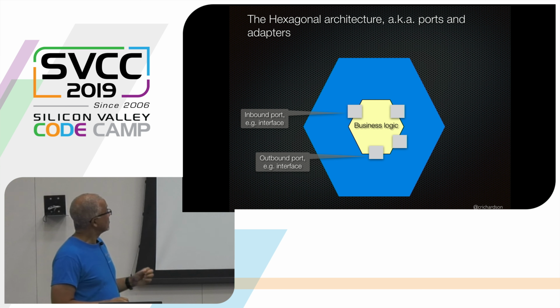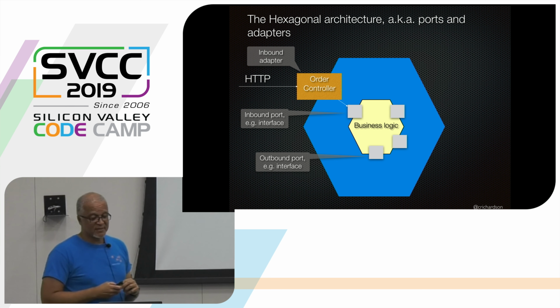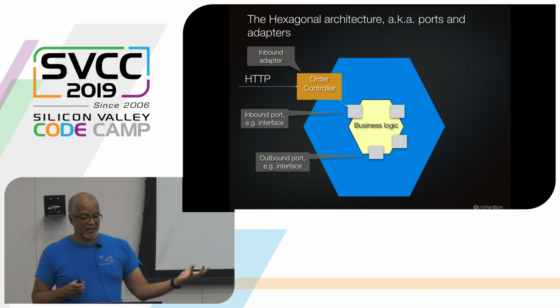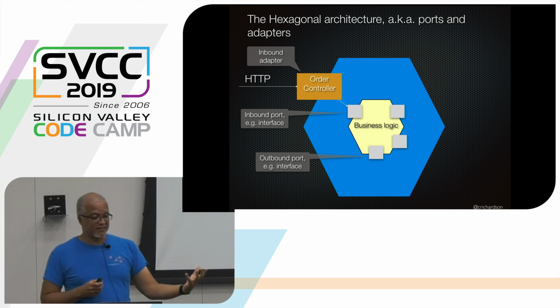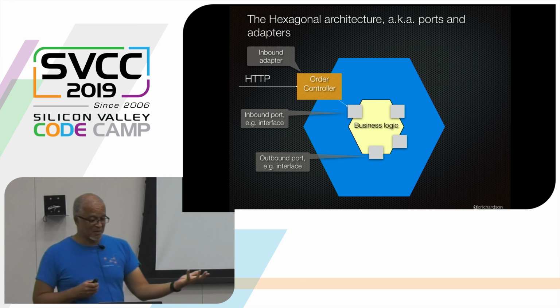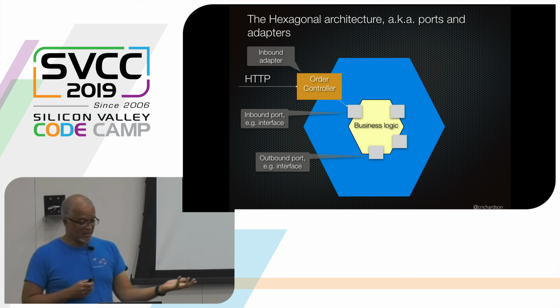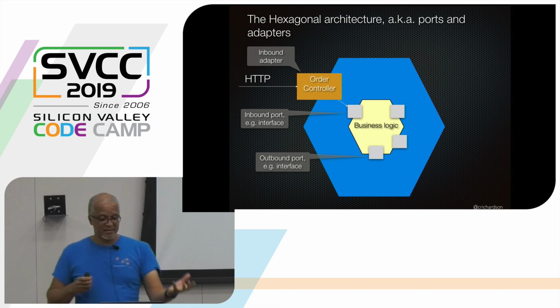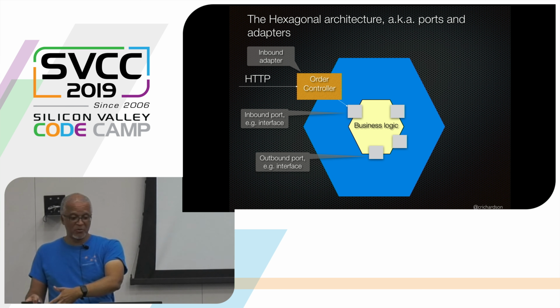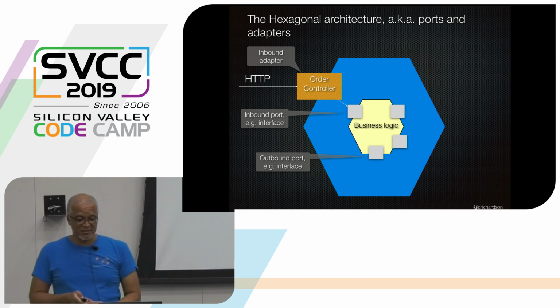And then, around the edge of the service, you have adapters, which handle external requests. So you might have an inbound adapter, like an order controller, which handles an HTTP request, and it calls some inbound port on the business logic.